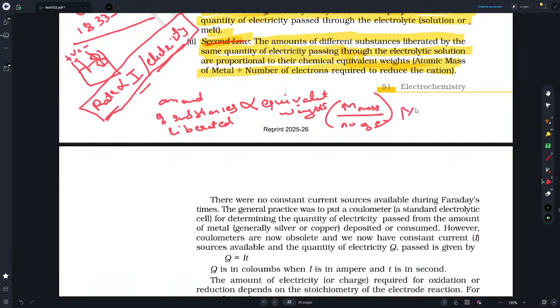If metal n plus plus n electrons gives metal with zero charge, then n is the number of electrons. This is the second law: the amount of metal or substance liberated is directly proportional to the equivalent weight. If there are fewer electrons and a greater atomic mass of the metal, the liberation rate also increases.